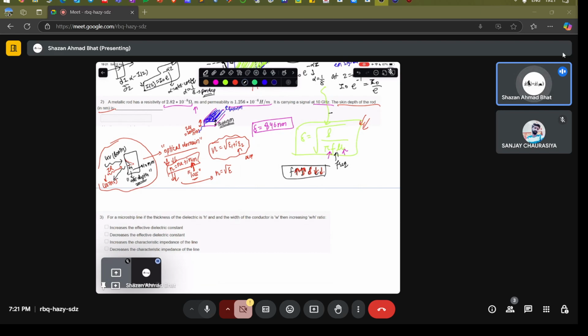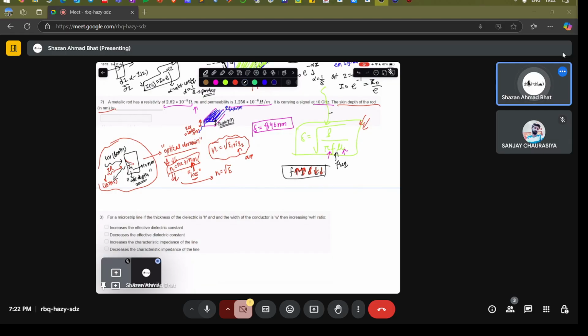That's why, if you know the skin depth of the wire, you want to keep the thickness of the wire as small as possible so that you don't waste the wire much. But there's a problem. If you want both DC as well as AC to flow through the wire, then you have to take care, because this effect does not happen at DC.